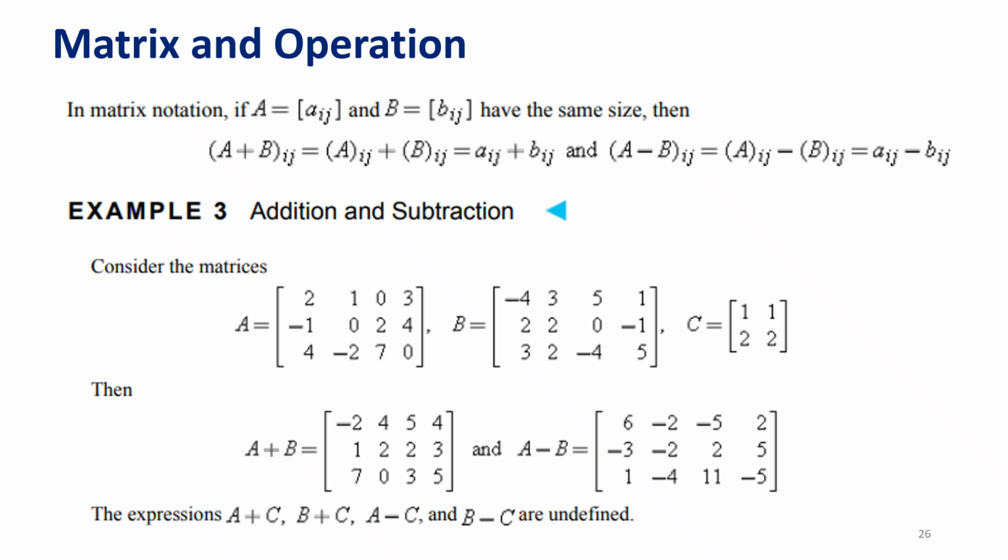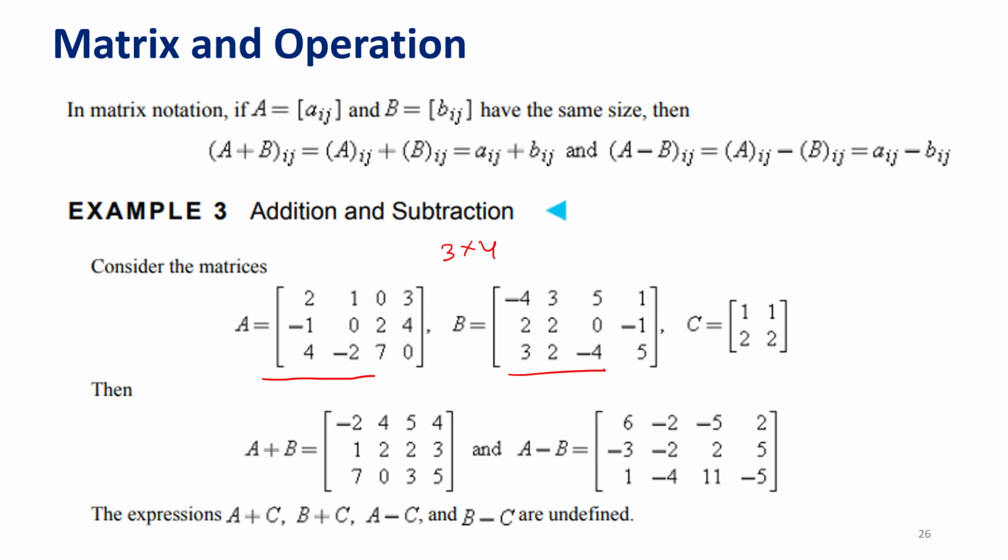In this slide there is an example of matrix addition and subtraction. You can see that in this example we have matrices A and B with the same size, a 3 by 4 matrix.